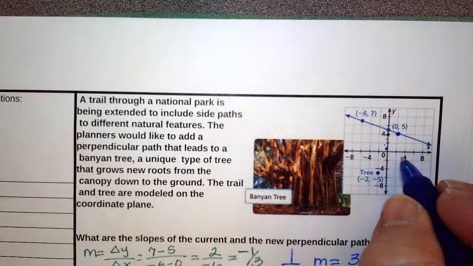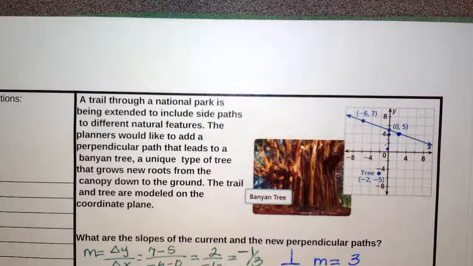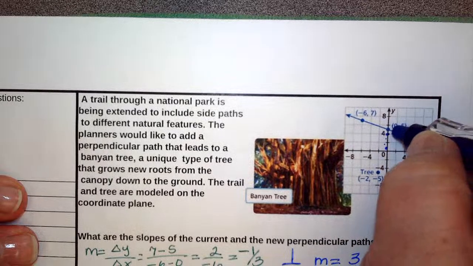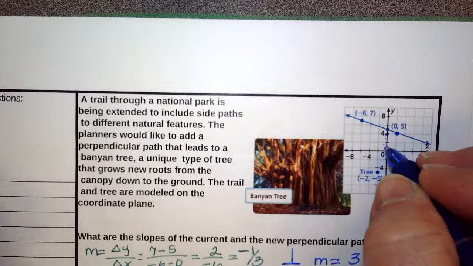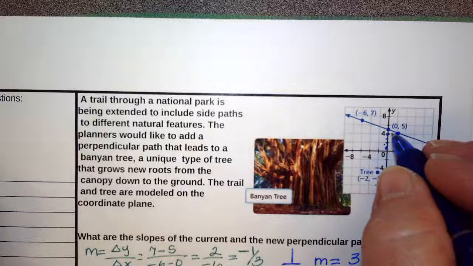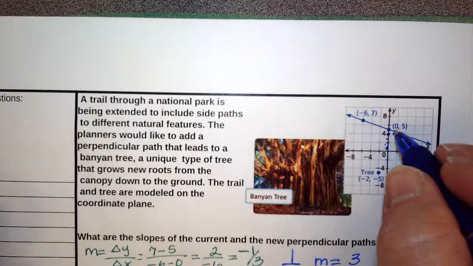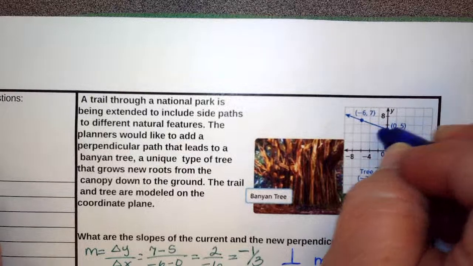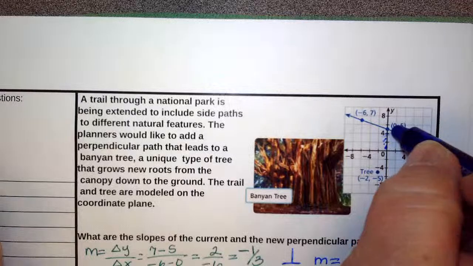No, it would be at the point 1, 5. 0, 5 is on the line here. So I go from here, I go up 1, 2, 3, and I go over 1. And that's not quite correct because this is by 2's and I did not go over by 2.